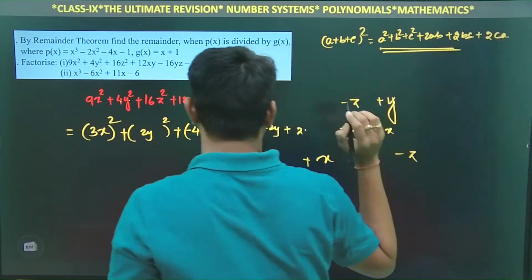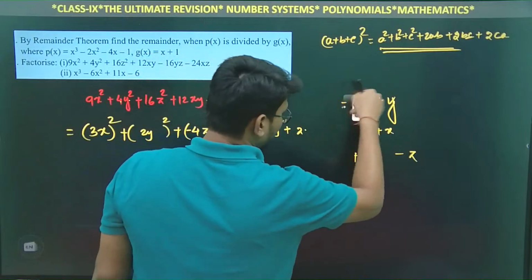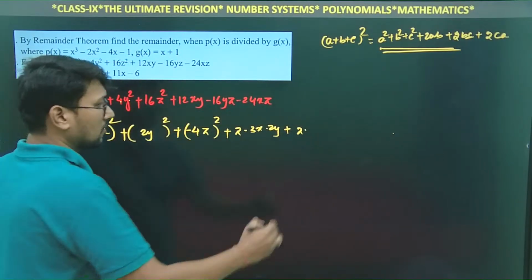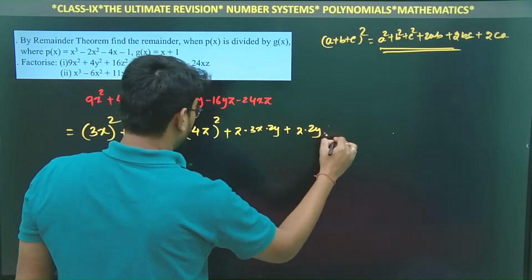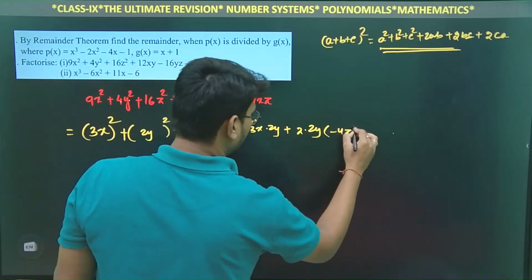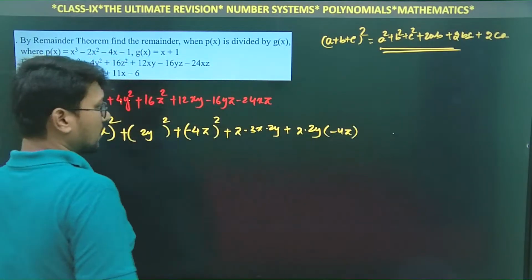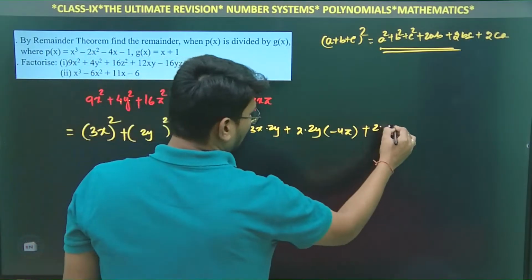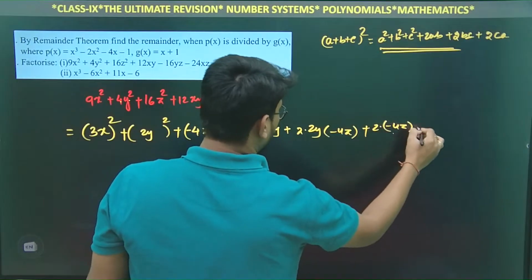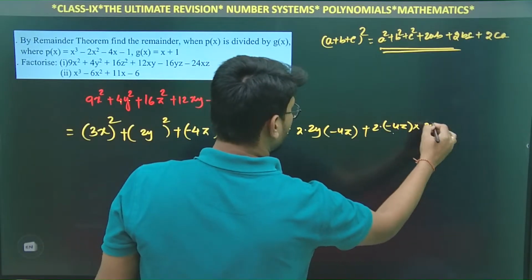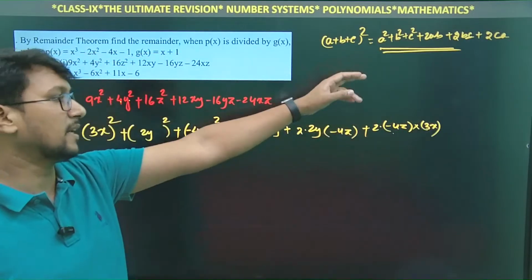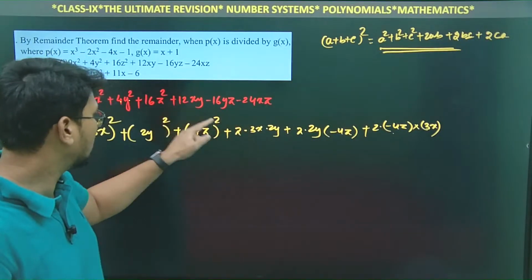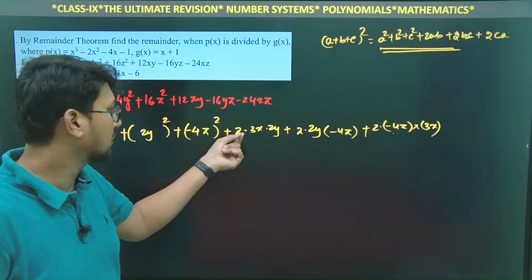So bc, b is how much here? B is here 2y. Check karo, 2 into 2y into minus 4z, right? Plus 2 into minus 4z into 3x. So now it is written according to the identity. Check karna, this is 2 into 3, 2 into 3 into 2. How much?